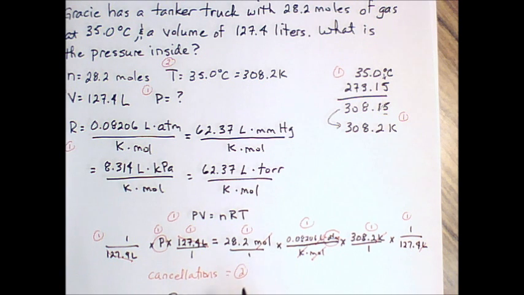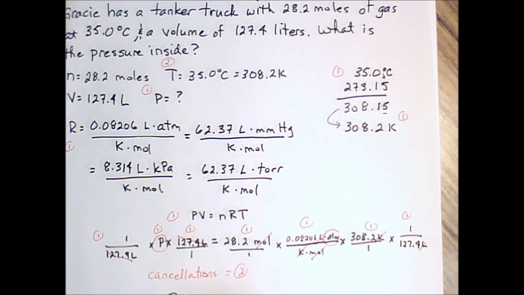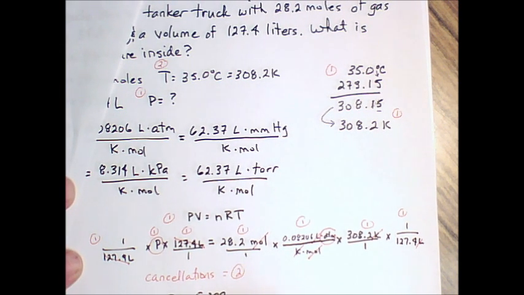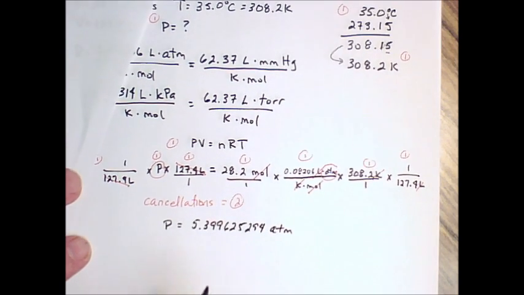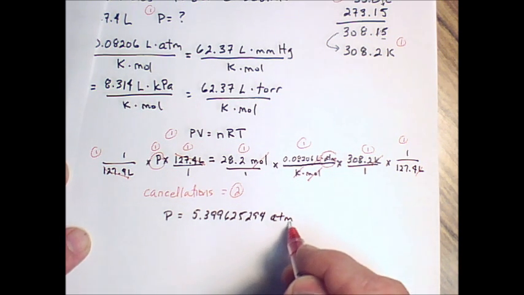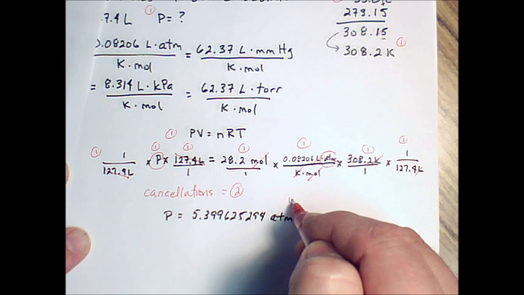For this case then, we have 5.399625294 atmospheres. Now you may have fewer digits out here because your calculator may not go as far, but that's the correct unrounded answer. That unrounded answer is required with the measurement unit, and that's worth a point.